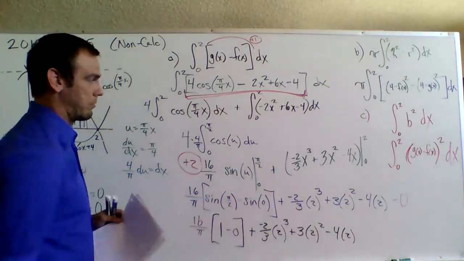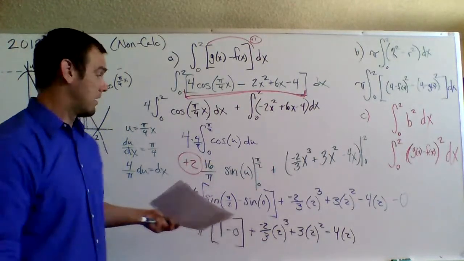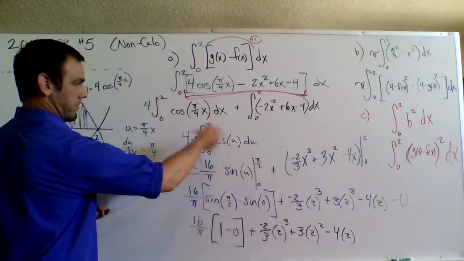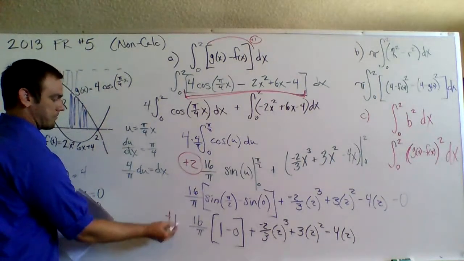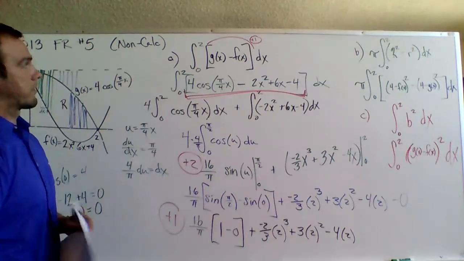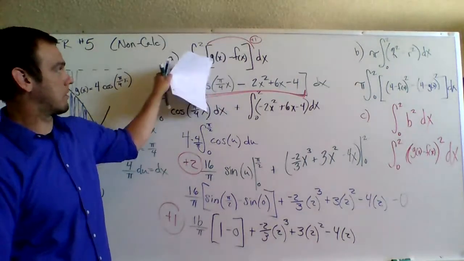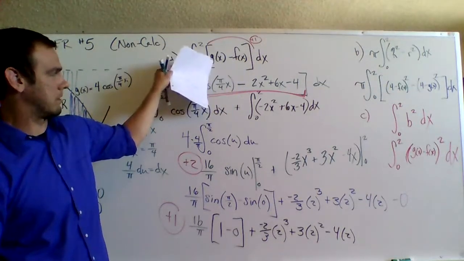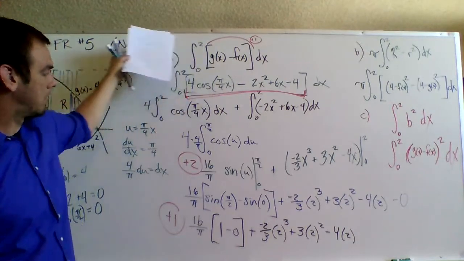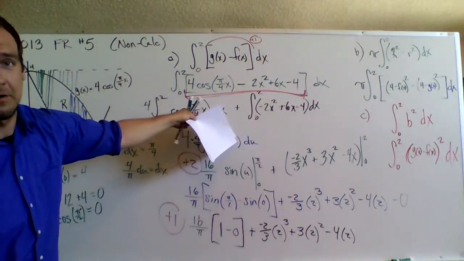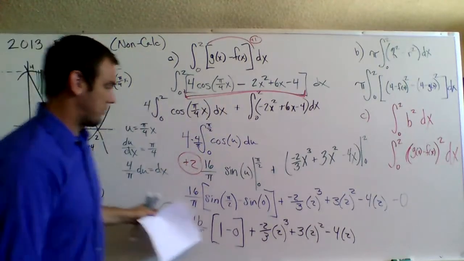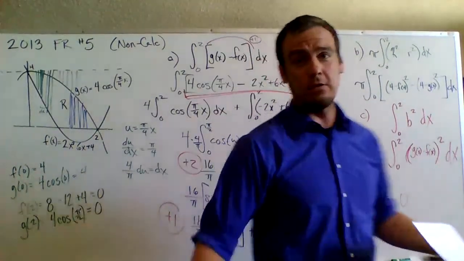I'm sure you could get 1 point if you have a minor mistake, but if you totally screw this up, then it's definitely going to be 0. And then you get 1 point for your answer. So 1 point for knowing how to set up your integrand, 2 points for actually integrating correctly, so the antiderivative, and then 1 point for actually plugging in your values and being done.